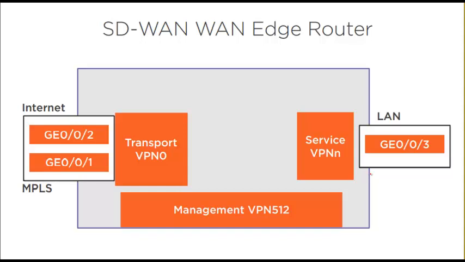See, for different departments, you want to provide different transport. But all the transports are kept inside where? VPN 0. So it is only one VPN which has got the MPLS connection, internet connection, all.